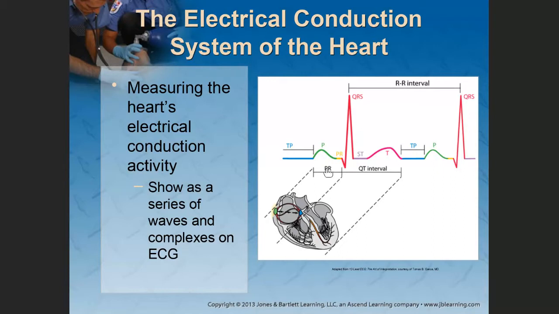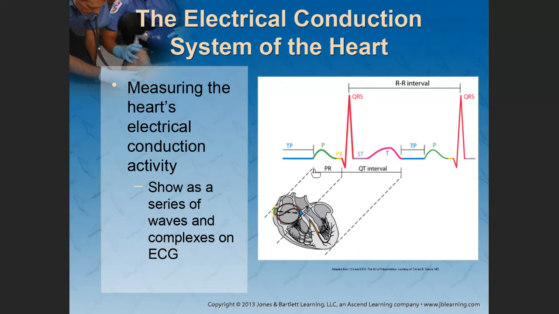The PR interval represents complete activity within the atriums. So it represents when the atrium discharges and recharges, or atrial depolarization and repolarization. So it's complete activity within the atrium. That's a PR interval. Now listen carefully and make notes.